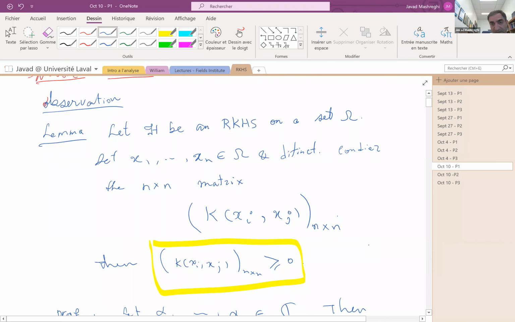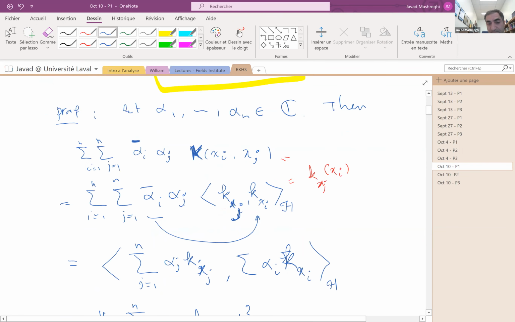Here is the kernel of H, it has this property, and then I go backward. Instead of starting with H, I start with a function which satisfies this property. So this part is just observation and motivation. True?